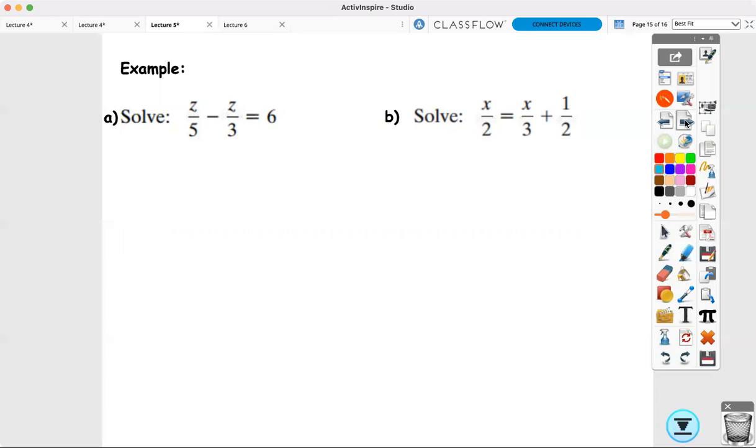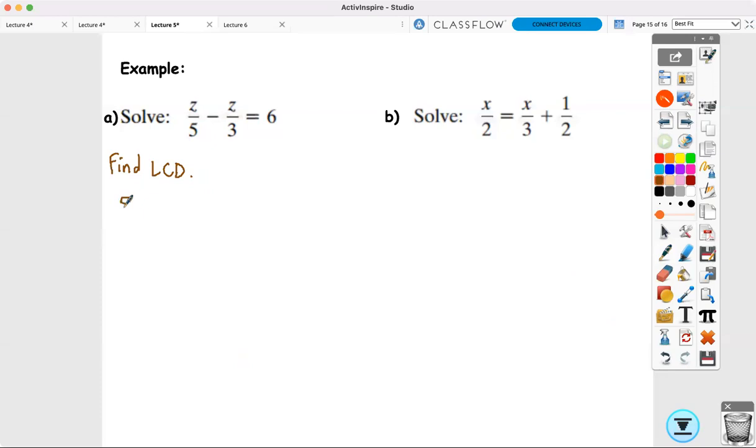Now the LCD isn't very common. Now we have two different numbers, so what do we do? Let's find the LCD first, right? That's our goal. So to find the LCD, we have these two numbers.